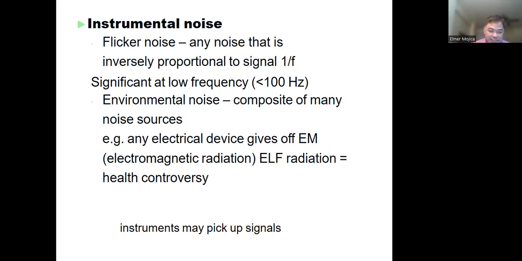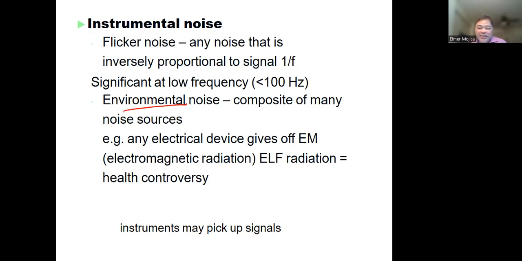Now, the last but not the least here, environmental noise. If you have an environmental noise, this is just a composite of different forms of noise that arise from the surroundings. And I have experience on that. I don't know if you believe me, but if you have an elevator, sometimes the electricity and the elevator can give some fluctuation.